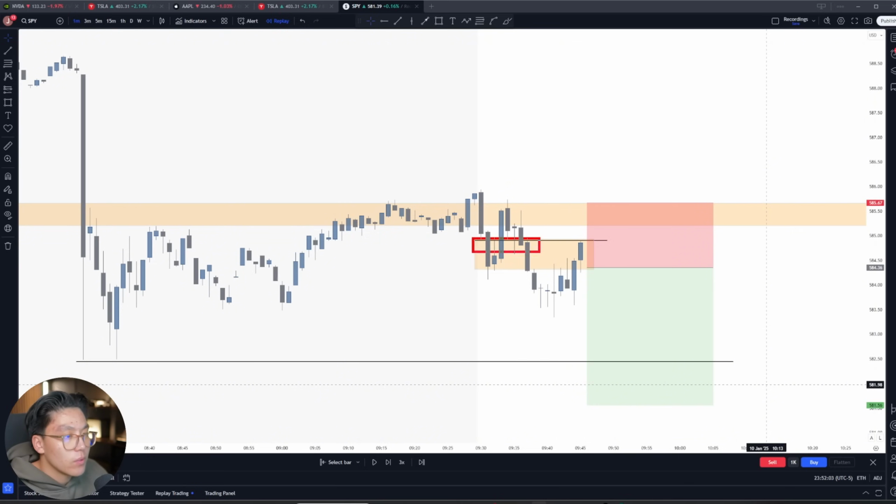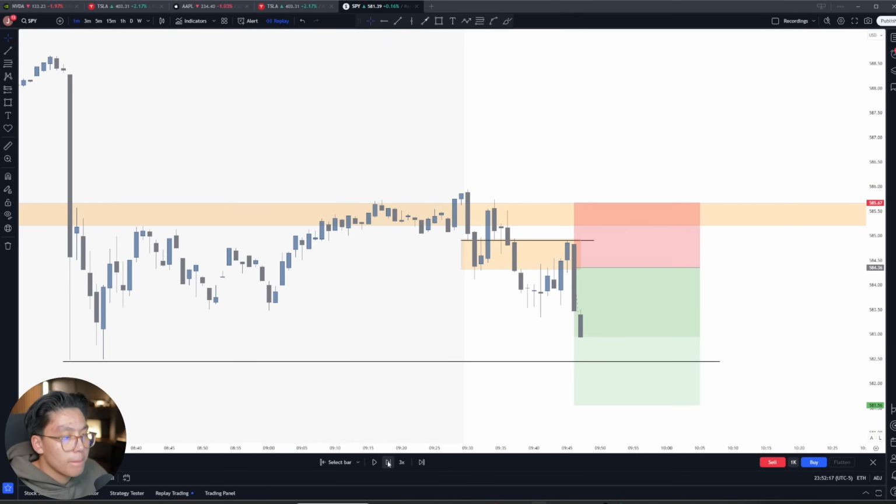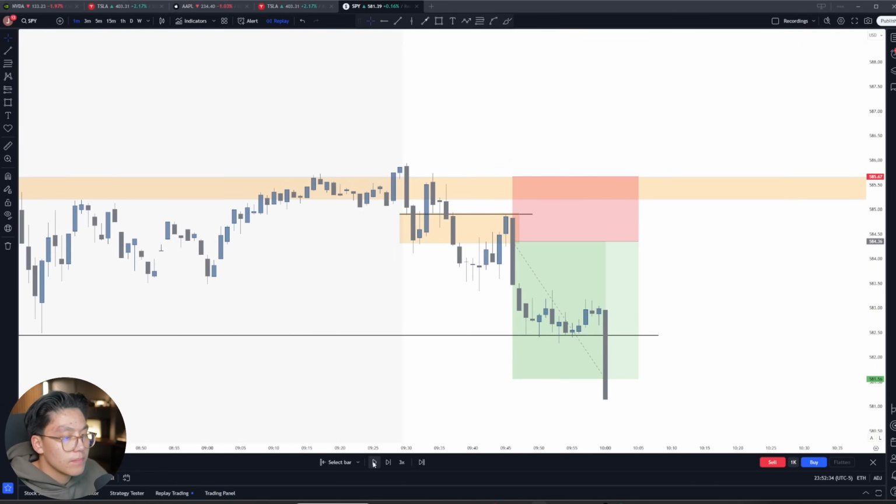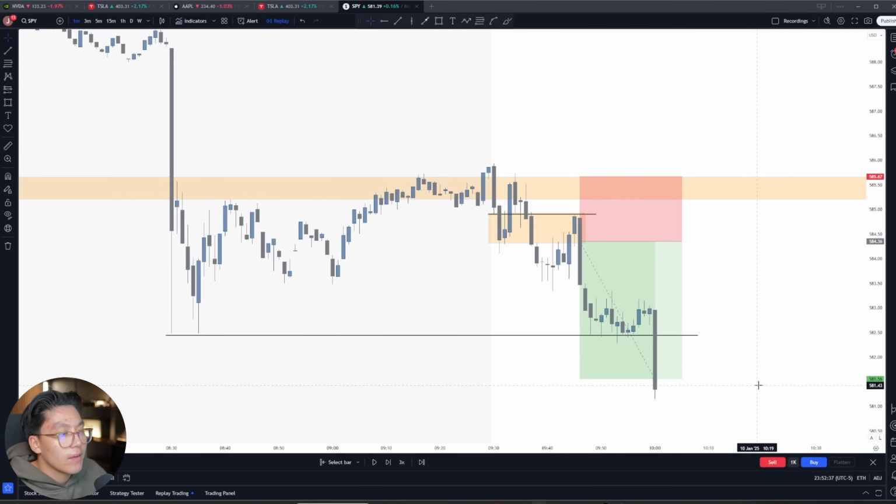Right here, you can see we're digging back up into this 1-minute order block. We end up getting a super nice reaction off of our 1-minute opening range in combination with our order block as well. Now you can see we're already at lows. And you can see right there, price ended up having that final push towards the downside for another solid win on the day.